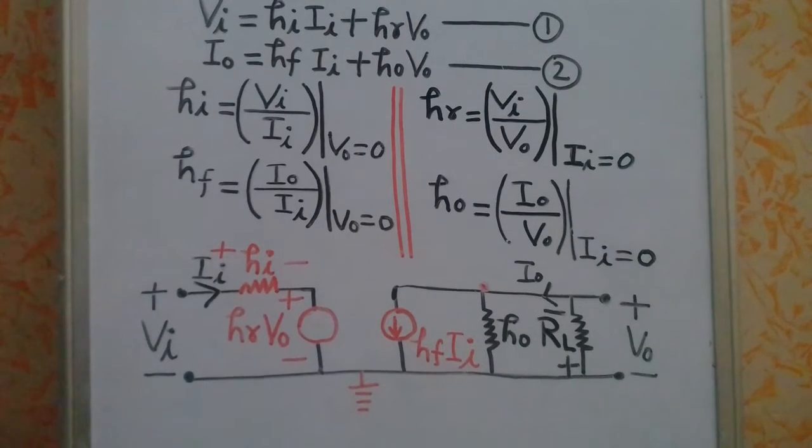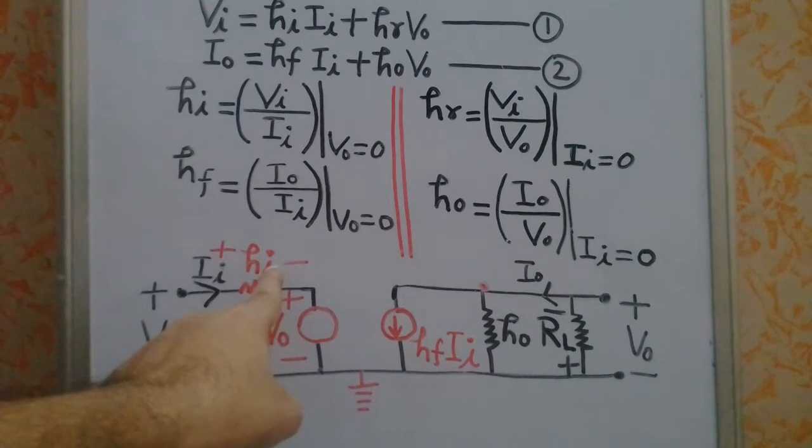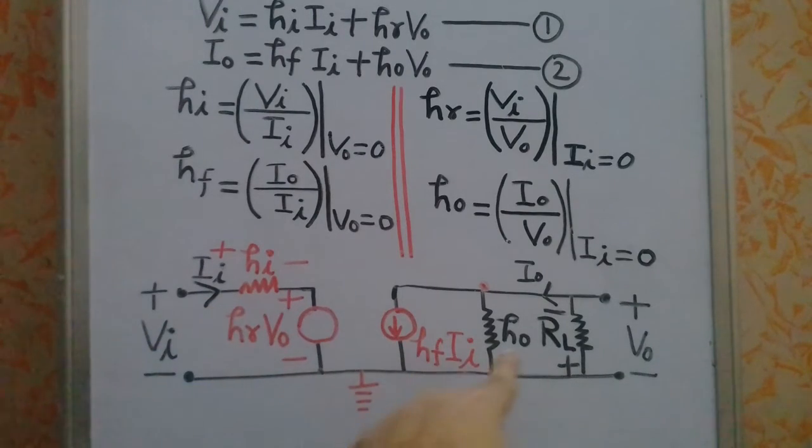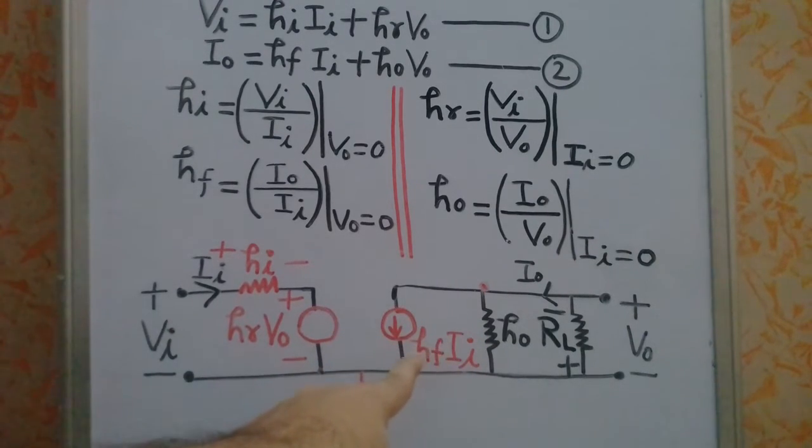Now for best amplification, you know that we will use the common emitter configuration. So simply you have to put suffix E in each and every H parameter, right? Then this will be the H parameter model of a common emitter transistor, which is ideally suited for best amplification.